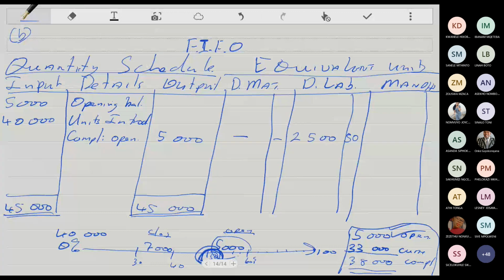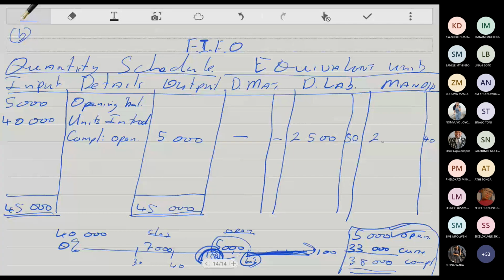Coming to manufacturing overheads, they have only completed 60%. So now that the units are complete, it means they've completed their remaining 40%, which is going to be 2,000 units.